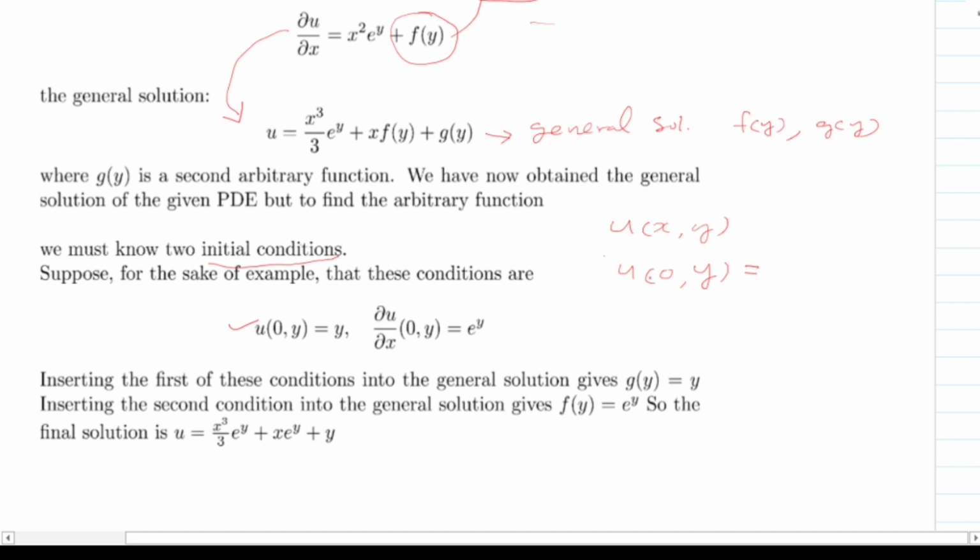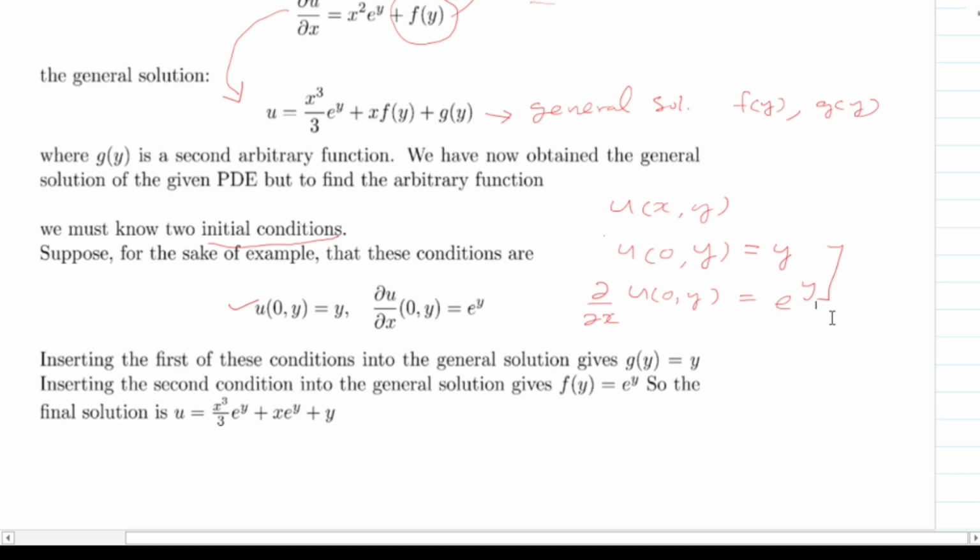Given that u(0, y) is equal to y, and secondly the partial derivative with respect to x of u(0, y) is e^y. So we have two initial conditions given to find the more exact solution, which is called the unique solution.